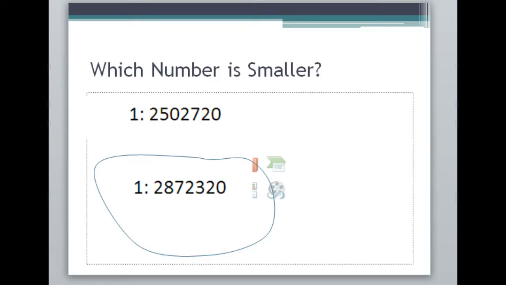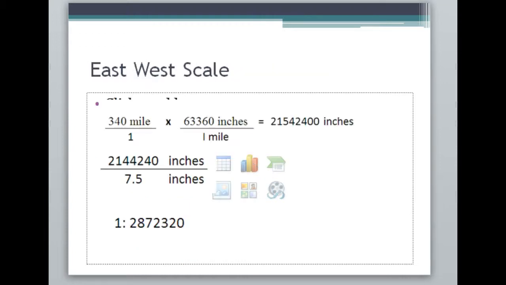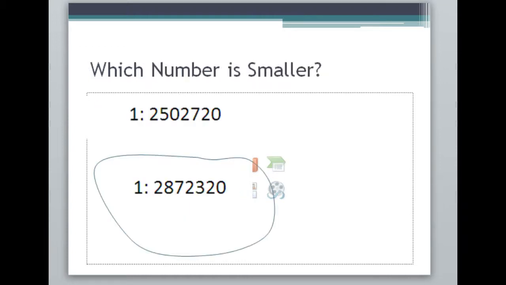If I choose this number, the east-west extent is not going to fit on my map.